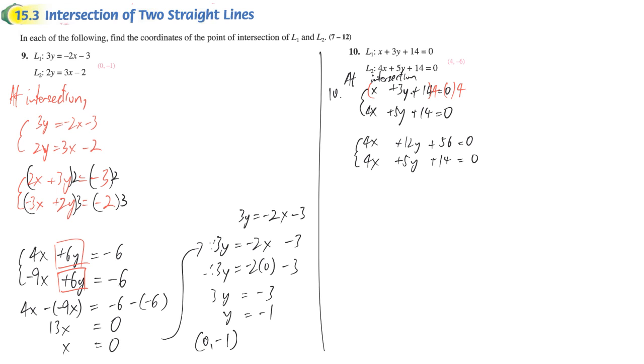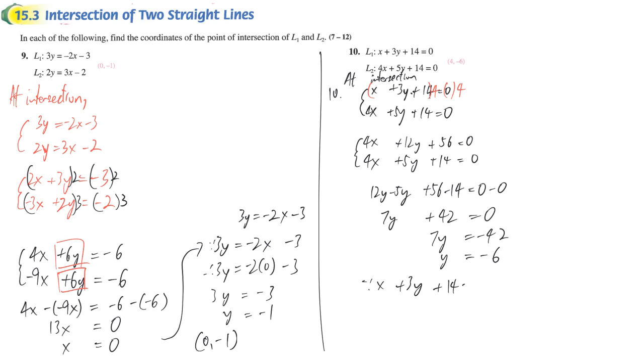Of course, I would like to subtract them. So 12y minus 5y, positive 56 minus 14 is equal to 0 minus 0. And then the same, we use any one of them, since x plus 3y plus 14 is equal to 0. So the point is 4, negative 6.